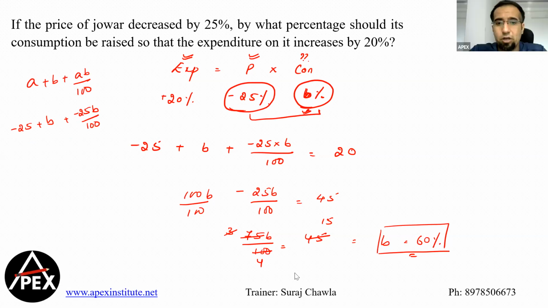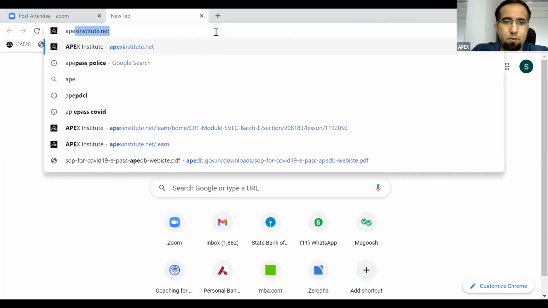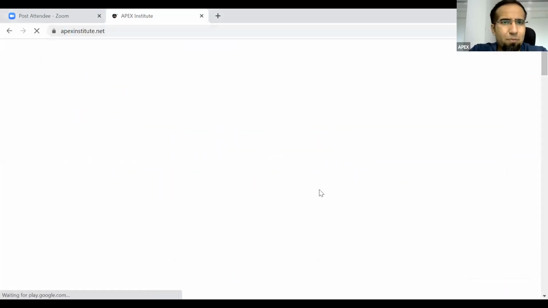Guys, when you open your logins, just a second, I'll take you through that. Can somebody kindly share your ID and password, please? Or let me use one of the logins.